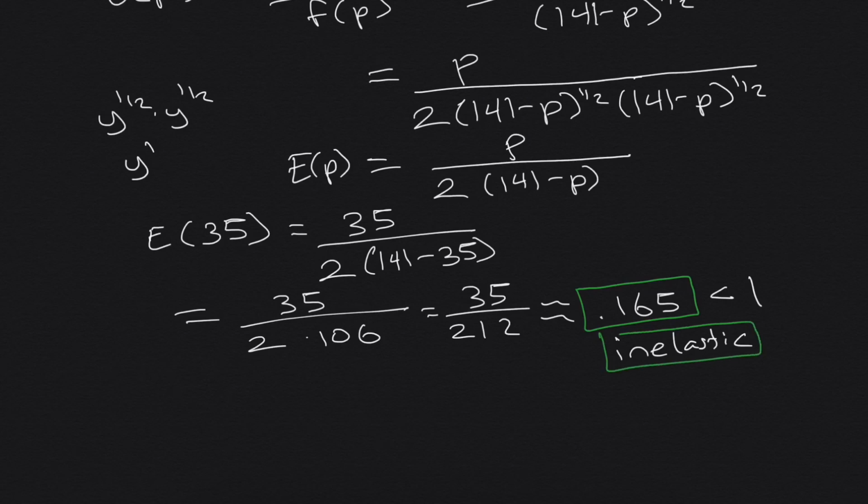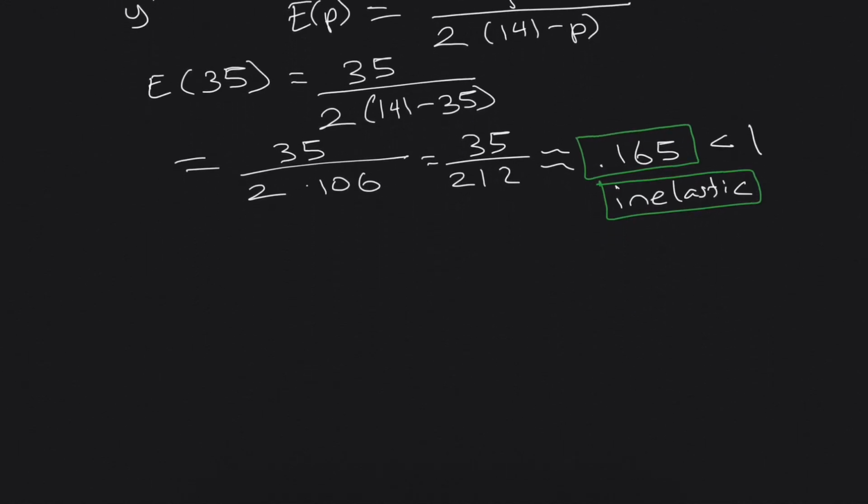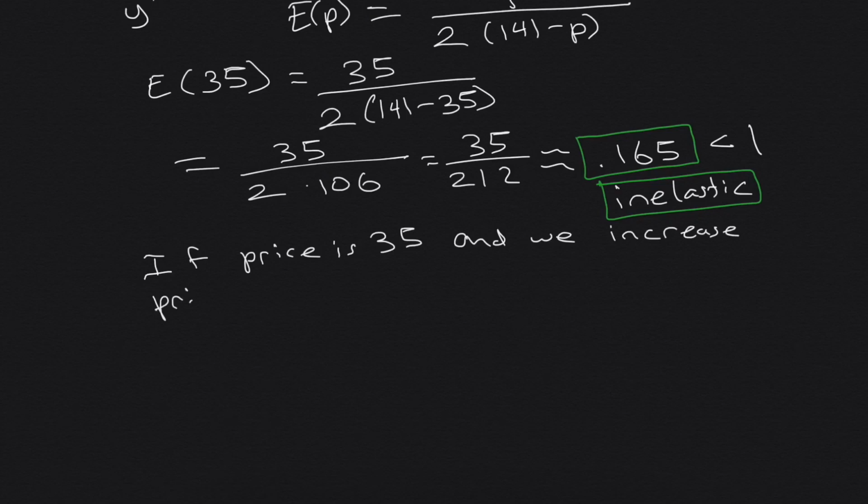And since it's our last example anyway, I'll go ahead and write out the explanation there again. I'm not super concerned about that right now in our math class, but in terms of what elasticity actually means: in this case, if price is $35 or whatever the currency is, and we increase price by 1%. 1% is just a nice number to look at.